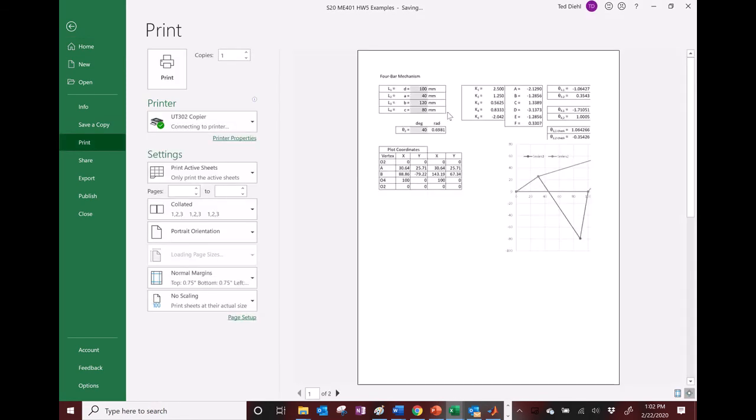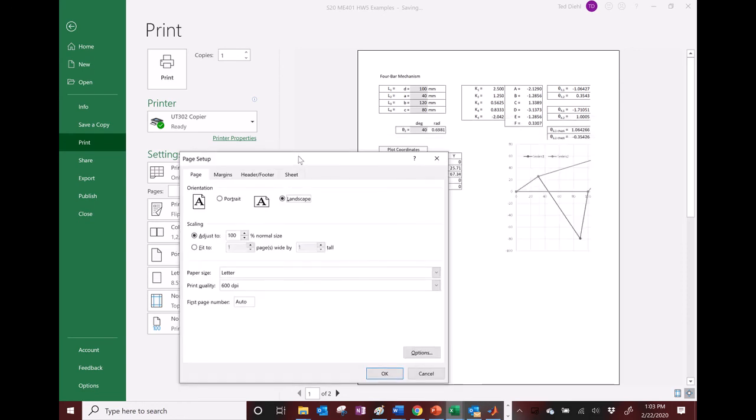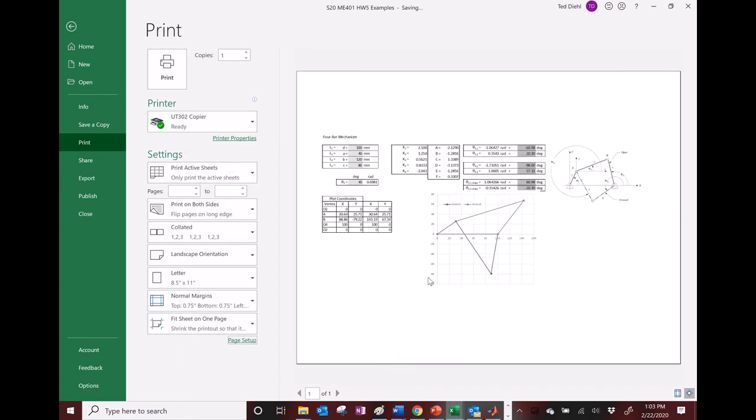And you can see that it's not going to fit. So I'll do it all in here. Let's make this landscape and force it to fit on one page. And I like to make it horizontal and vertical here. Kaboom, that's not too bad. I think you can read everything on there. All right, so then you could just print this out right here and you've done your homework.